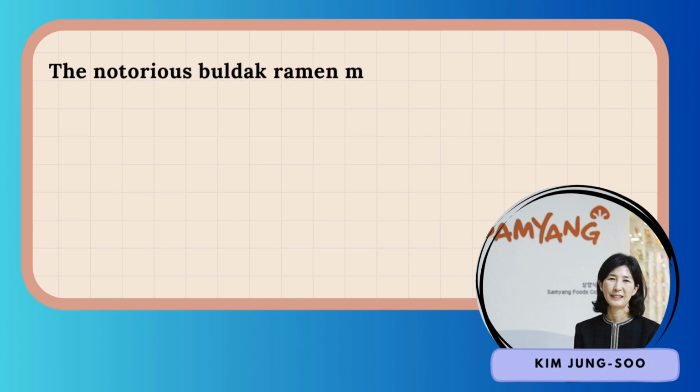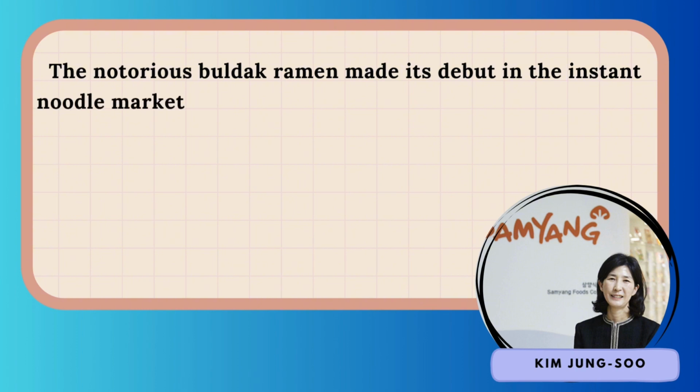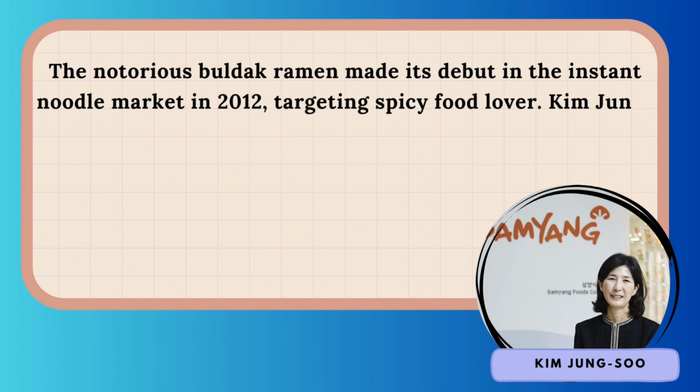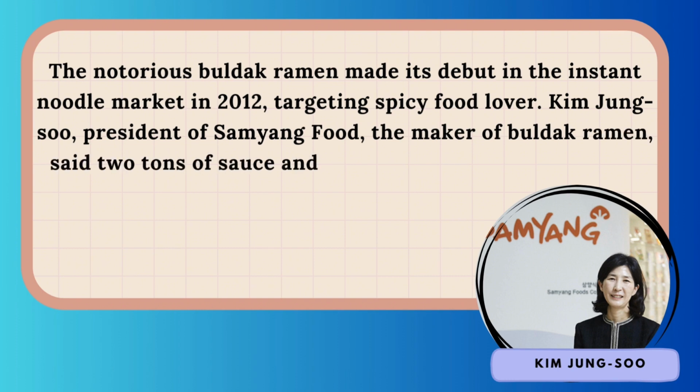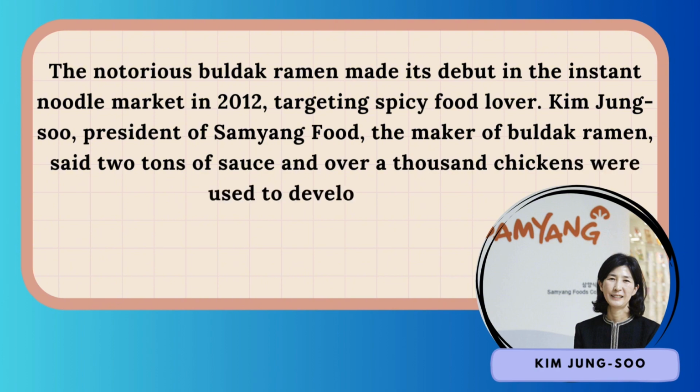The notorious Bulldog Ramen made its debut in the Eastern Union market in 2012, targeting spicy food lovers. Kim Jung-soo, president of Samyang Food, the maker of Bulldog Ramen, said 2 tons of sauce and over 1,000 chickens were used to develop the recipe.